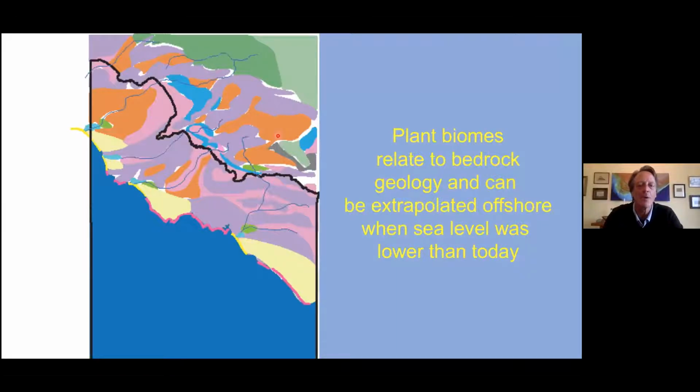So some are on shale, some are on sandstone, some are on granite. And we know the offshore geology, so we're able to extrapolate what the likely plant communities would have been offshore at the time 20,000 years ago when sea level was lowered and our strand line was way out here. So where we know enough about the offshore geology, we can extrapolate from what we know about the onshore to what might have been growing offshore in the past.